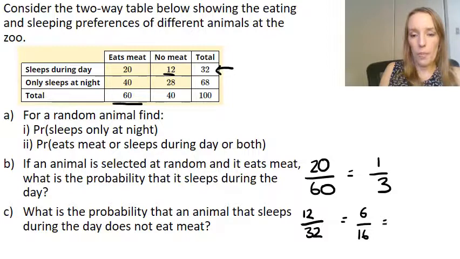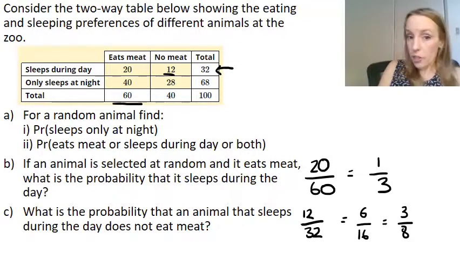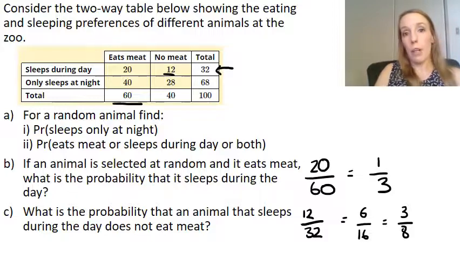Nope, 4. Let's try again. There we go, 3/8. So 3/8 of the animals that sleep during the day don't eat meat. Hopefully that was clear how we can use these two-way tables to work out probabilities. If you need any help, make sure you come and see me in class.